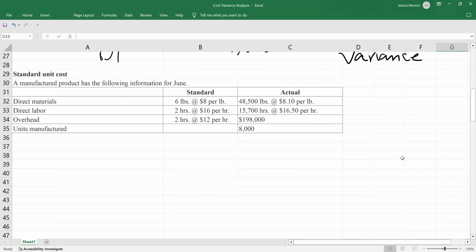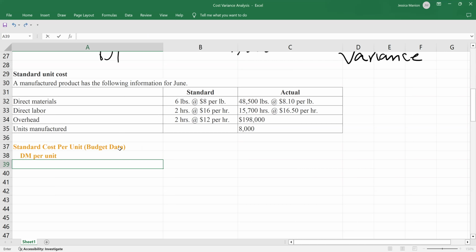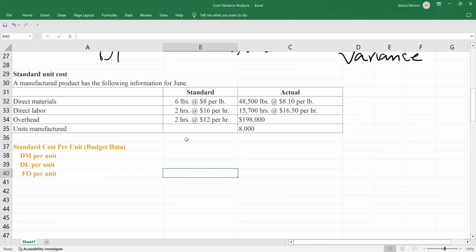And remember, like we said, our standard cost per unit, which is what our budget data would be based on, is made up of direct material per unit, direct labor per unit, and factory overhead per unit. Okay.